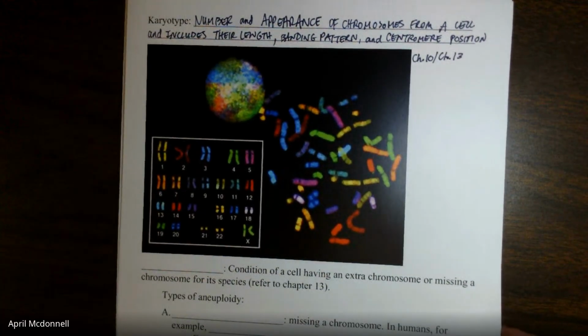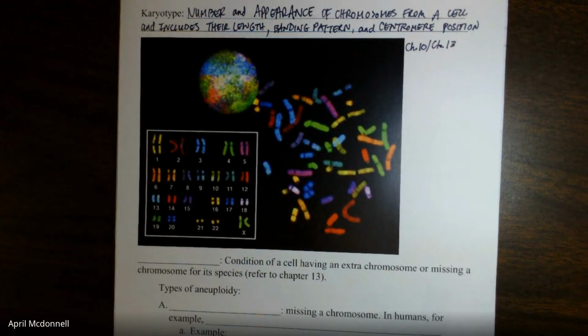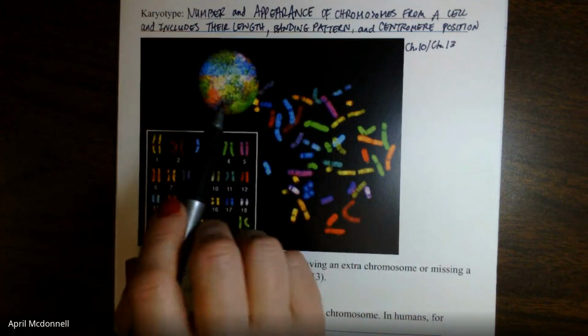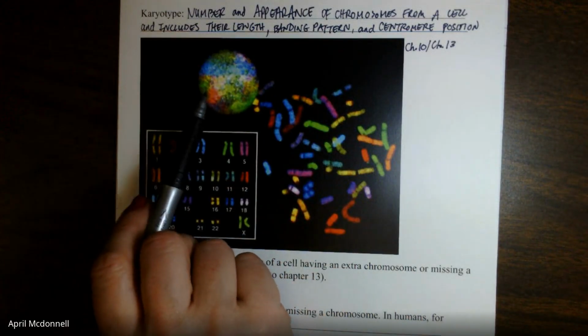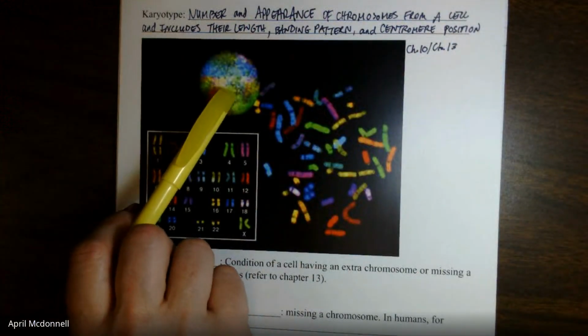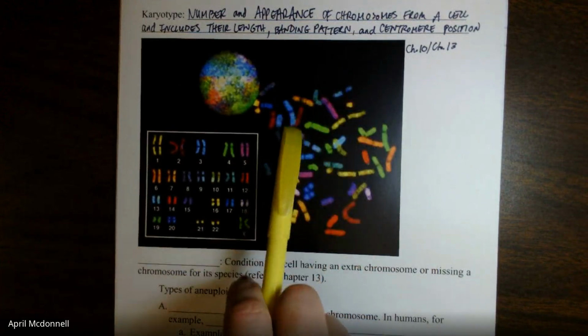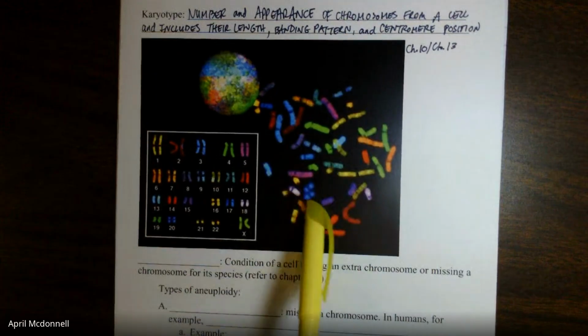A karyotype is going to be a picture that shows the chromosomes that we've obtained from a cell. So here's the cell right here, and here's all of the chromosomes that we've obtained from the cell.